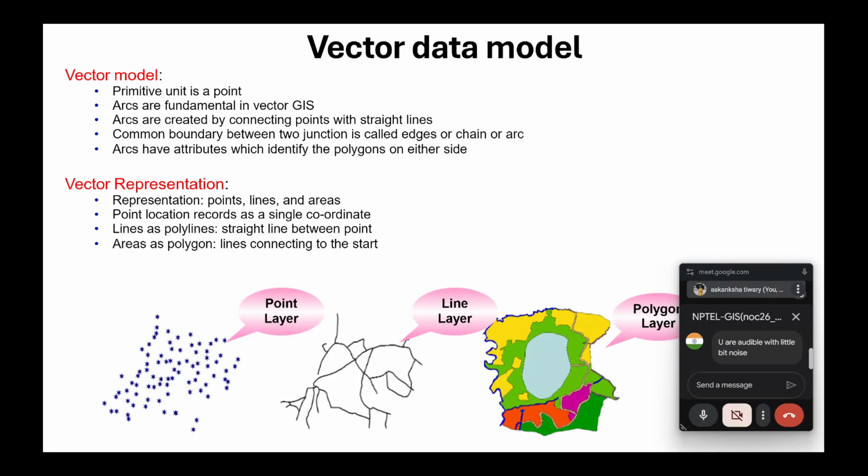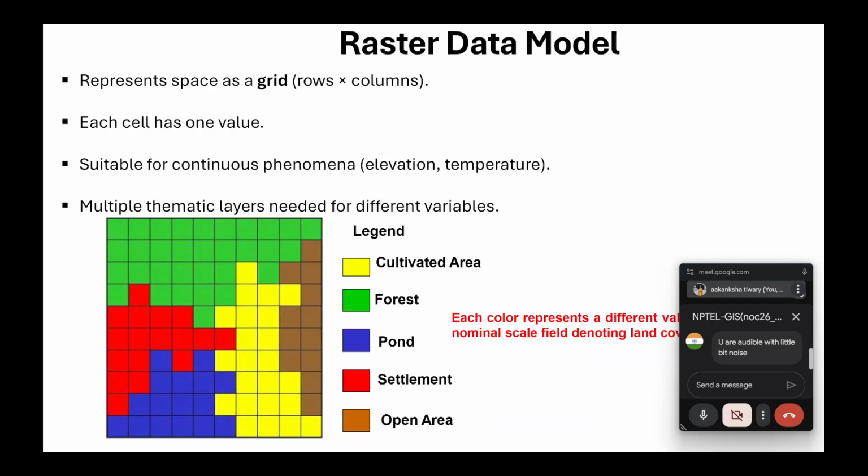In the last class we focused on the vector data model, and in this class our focus is going to be raster data models. Before that I want to ask how many of you have downloaded QGIS or ArcGIS? Just type if you have downloaded QGIS or ArcGIS or none. Okay, QGIS.